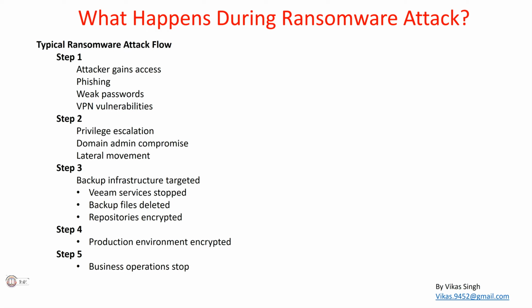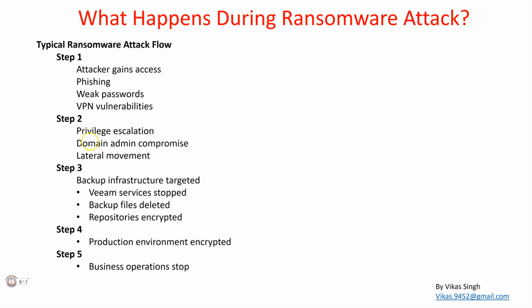Step one, initial access. The attacker first gains access to the environment. Common methods include phishing emails, weak passwords, VPN vulnerabilities, exposed RDP ports, and malware downloads. For example, a helpdesk employee clicks on a malware email attachment. This single mistake becomes an entry point for the attacker.